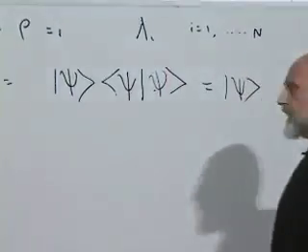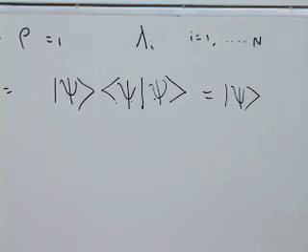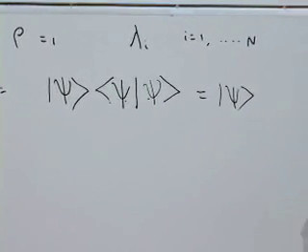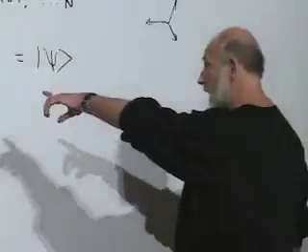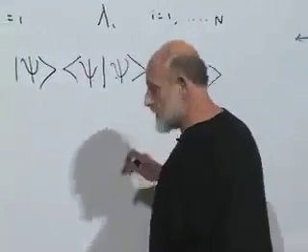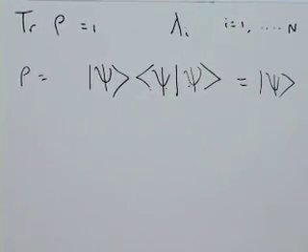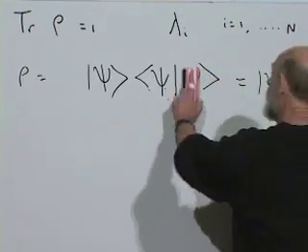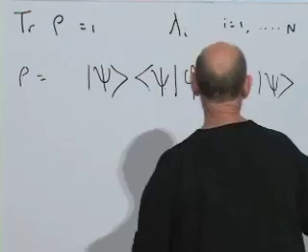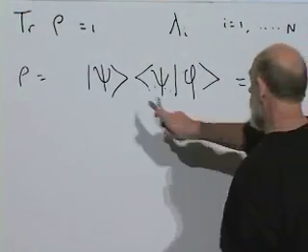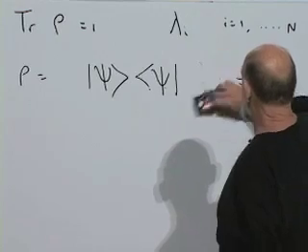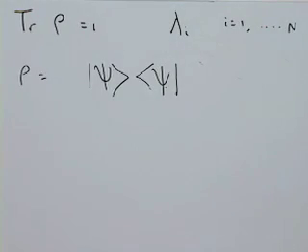So in fact, psi is an eigenvector with eigenvalue 1. Any other state orthogonal to psi, let's call it phi, if it's orthogonal to psi, then you get 0. So if the density matrix is a simple projection operator onto one particular state, then it has one non-zero eigenvalue. The density matrix is representing a pure state, and the pure state is just psi.